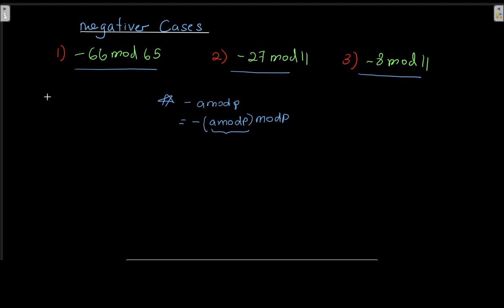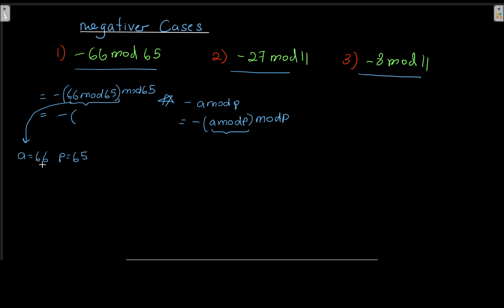Now in question 1, we can expand it using the formula as minus (66 mod 65) mod 65. Now we have to find the value of 66 mod 65. The A value is 66 and the P value is 65.